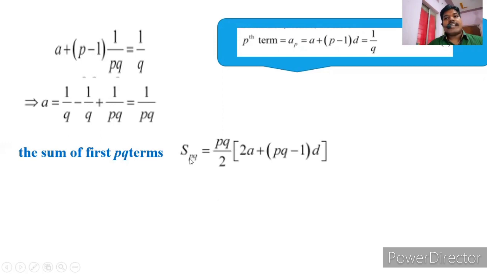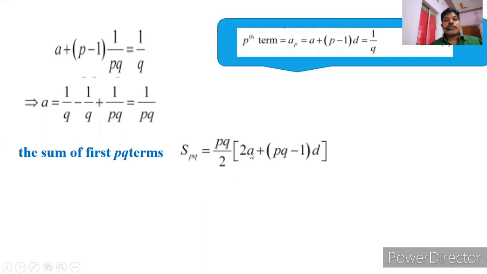What is the Sn formula? Sn is n by 2 into (2a plus (n minus 1) into d). But here, the sum of PQ terms is SPQ. In the place of n, you have PQ. So just replace that value here.